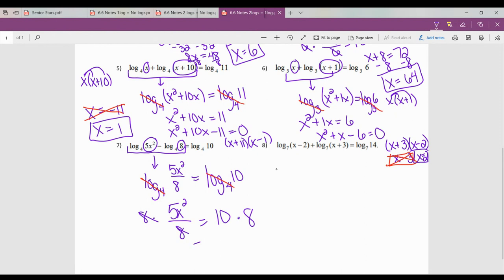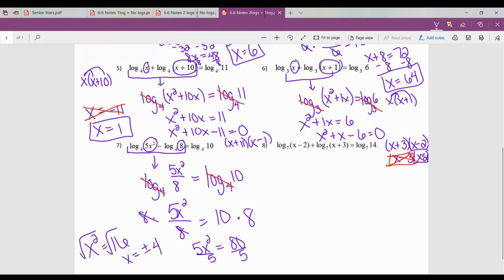So I get 5x squared equals 80. I'm going to divide by 5. So we get x squared equals 16. And then I take the square root, and that means x equals plus or minus 4.